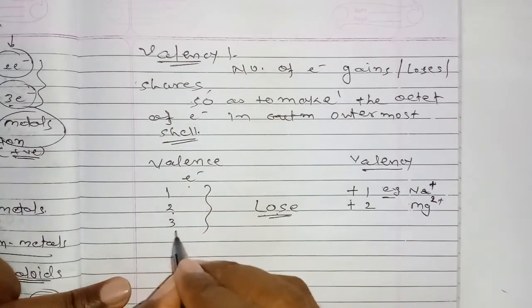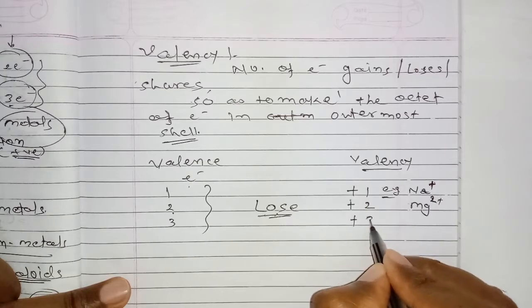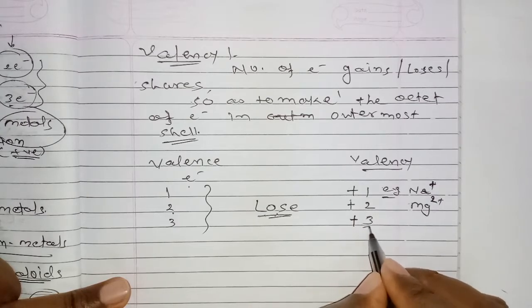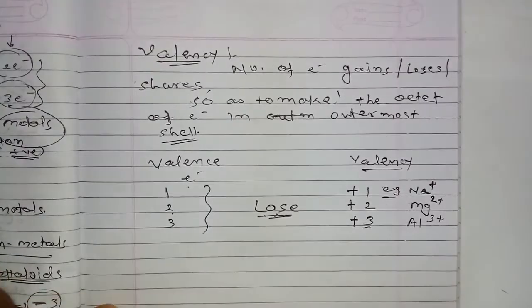When valence electrons are 3, it loses 3 electrons. When it loses electrons, it is converted to a cation, for example aluminium, Al3 plus.